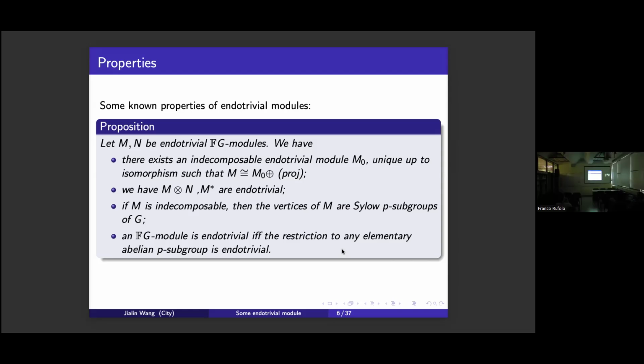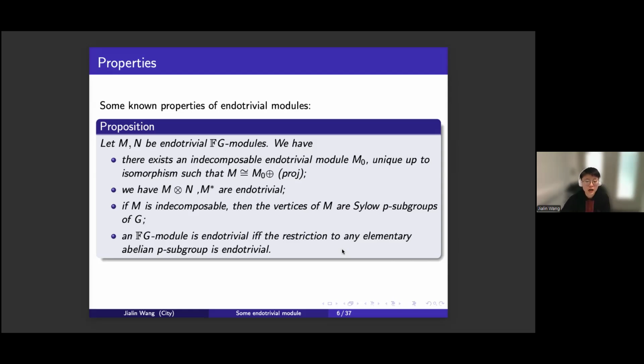Okay, and of course, every p-subgroup of G should be contained in some Sylow p-subgroup. So every vertex should be contained in a Sylow p-subgroup. And this tells us that the vertices of M, if M is indecomposable and endotrivial, should be the largest ones, which are the Sylow p-subgroups. Right. Yeah, and we do know that, for example, the trivial module also has the Sylow p-subgroups as vertices.